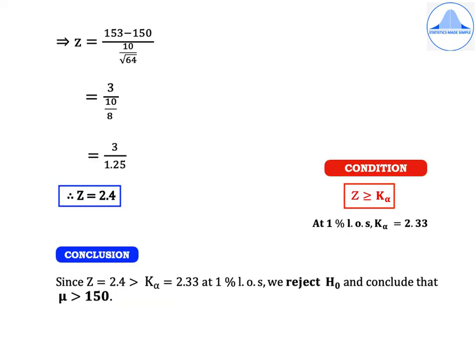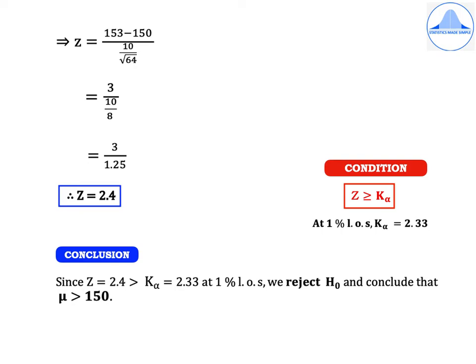Which implies Z is equal to 153 minus 150 divided by 10 by root 64, which gives 3 divided by 10 by 8, which is equal to 3 divided by 1.25. Therefore, Z is equal to 2.4. The condition for a right-tailed test is we have to check if Z is greater than or equal to K alpha.